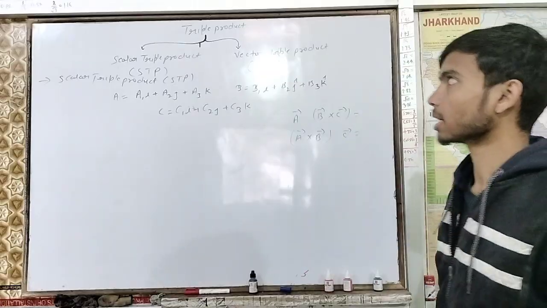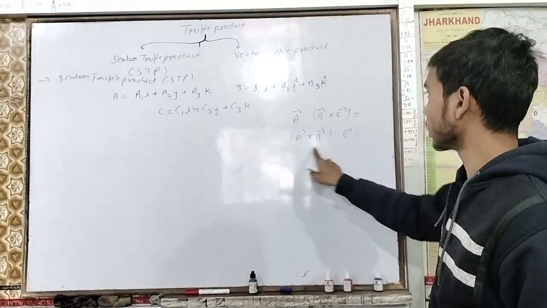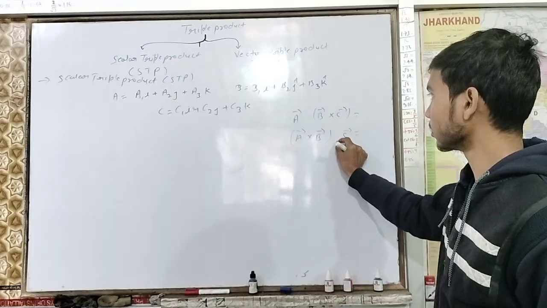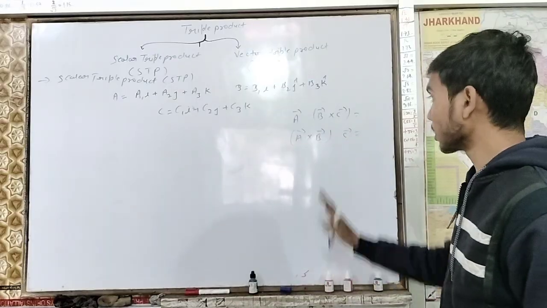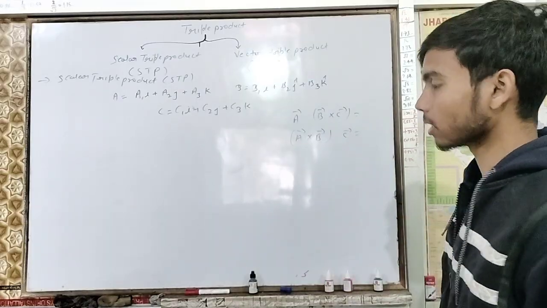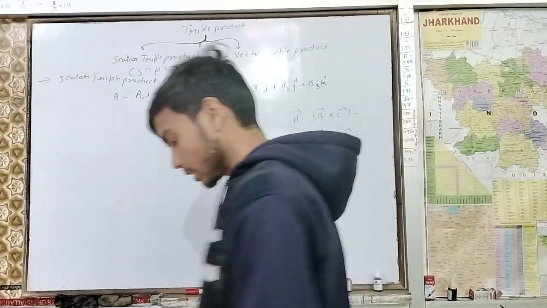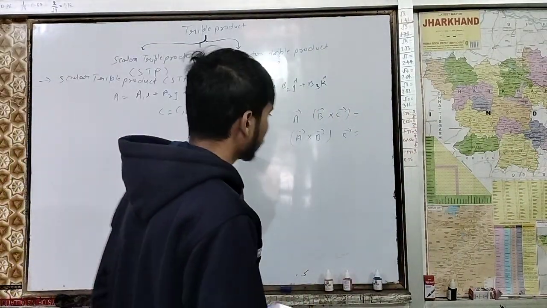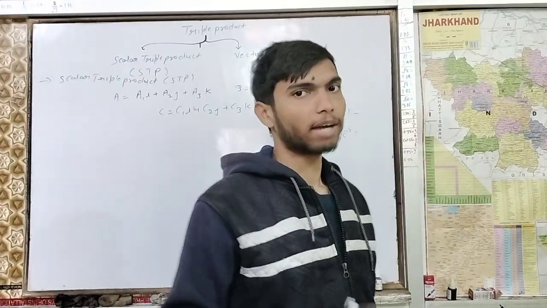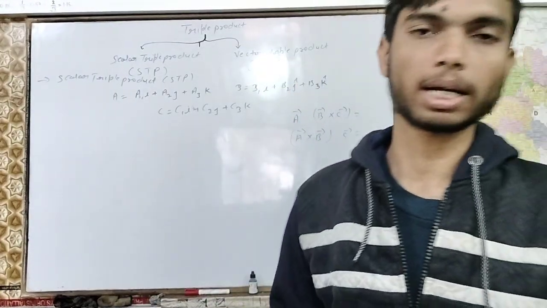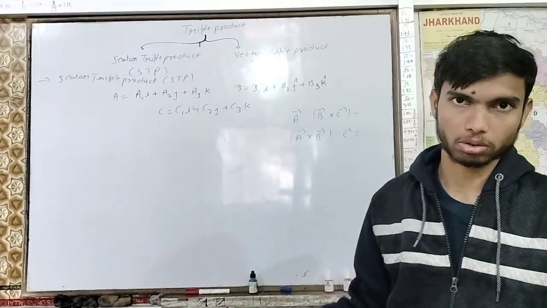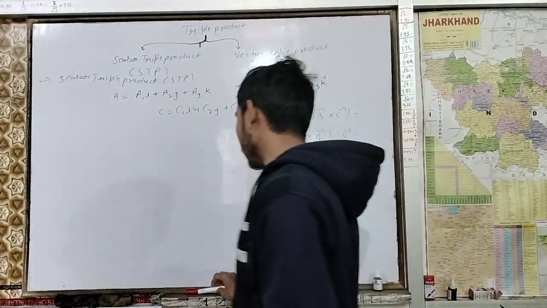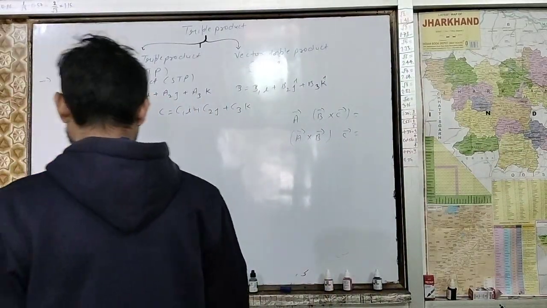This is our scalar triple product, where there are three vectors and we applied a dot product and a cross product, but the result would be a scalar quantity. Clear? You will have to apply one dot and one cross among these three vectors.